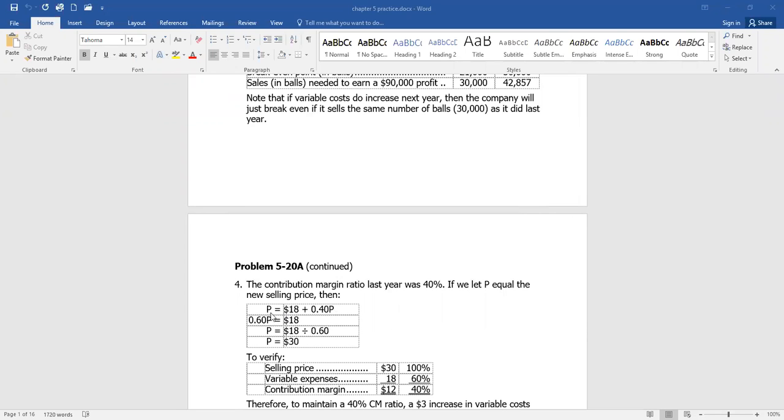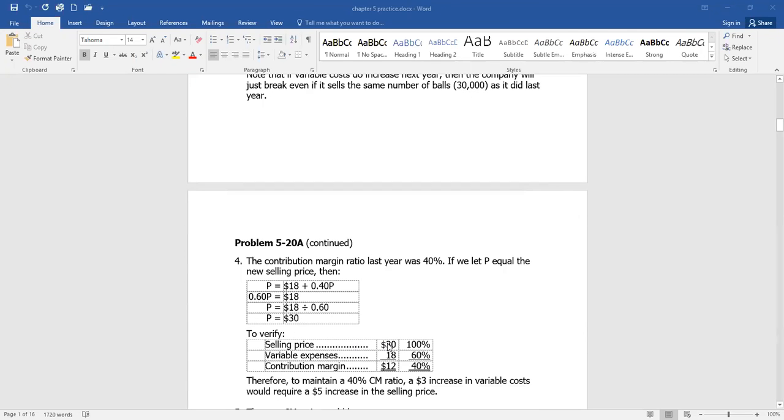So we need our selling price to equal $18 plus 40% of the selling price. So solving algebraically, the price would need to be $30, and you can verify that. If the price is 30, variable expenses are 18, our contribution margin would then increase to $12, which is 40% of the $30. 12 over 30 would give you the 40%.